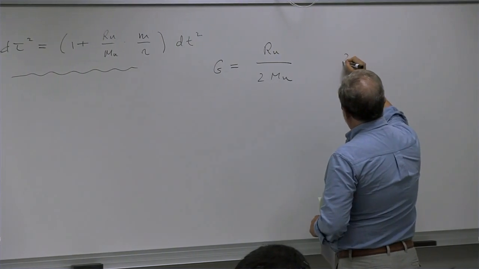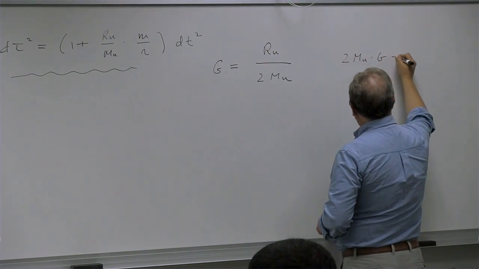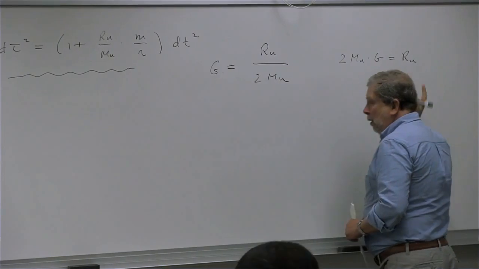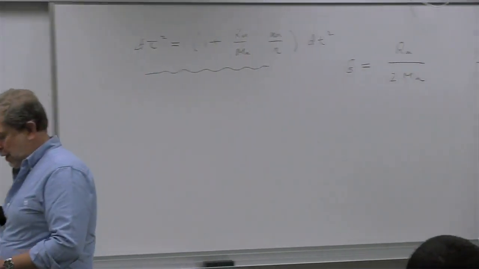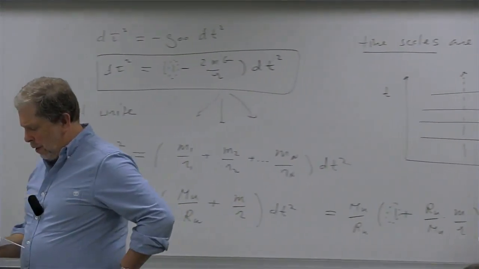Which can be written also as 2 mu times g is equal to ru, which is in fact what we shall see later to be the Schwarzschild radius.